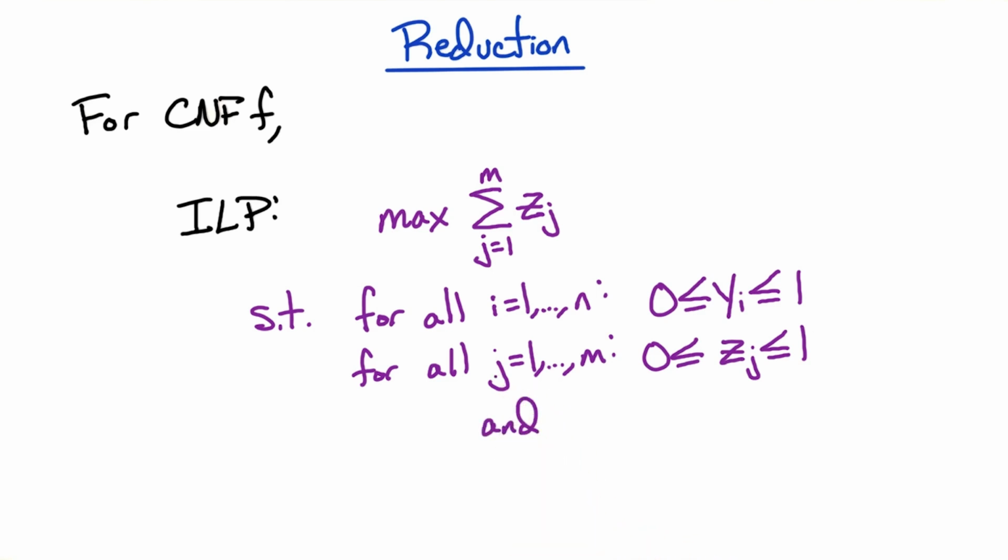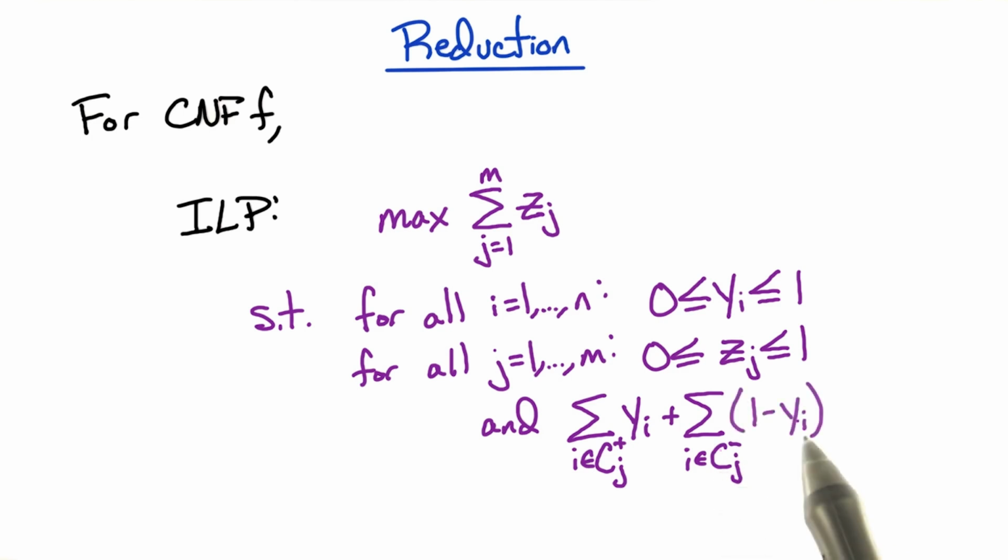So for clause cj, we look at the positive literals. For each variable which appears in this clause in the positive form, the bad case is when that corresponding variable yi is set to 0. That means that literal is not satisfied. Similarly, for each variable which appears in the negative form, it's unsatisfied when yi takes value 1, which means 1 minus yi has value 0.